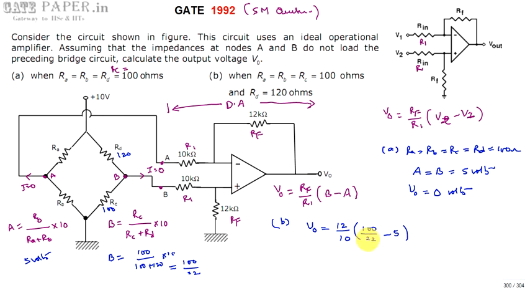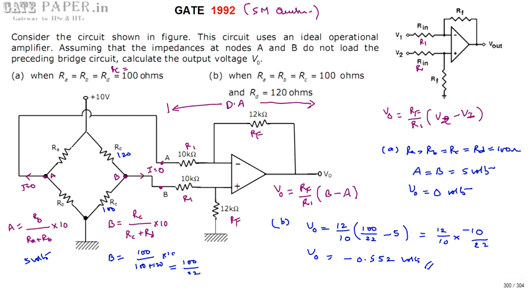So 22 into 5 is 110. 100 minus 110 gives minus 10, so it is 12 by 10 into minus 10 divided by 22. So V0 is equal to minus 0.552 volts. So the V0 value for the second case is minus 0.552 volts.